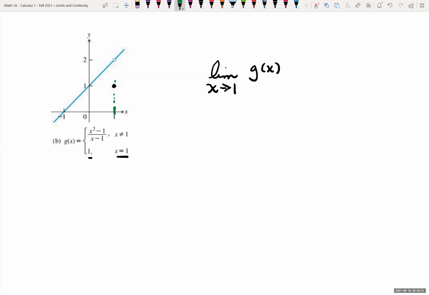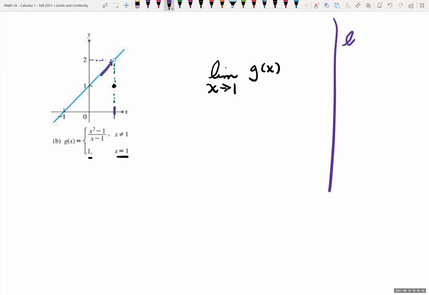If I come up here to the piece of the graph to the left of x equals 1, and I follow the graph up as I get closer and closer to 1, but not 1 itself, I want to know, is that y value approaching one number? Let me give you that notation.